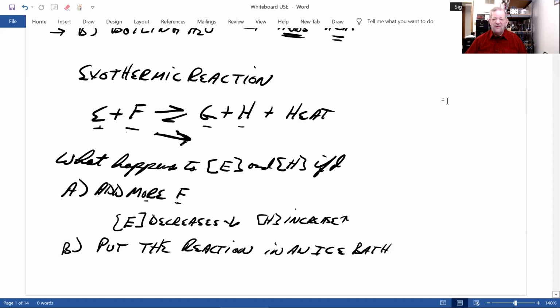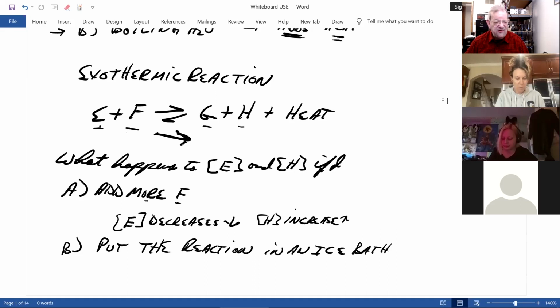This one Dr. White will do. What happens to the concentration of E and H if you put the reaction in an ice bath? Well, what does an ice bath do? You need to know this removes heat.